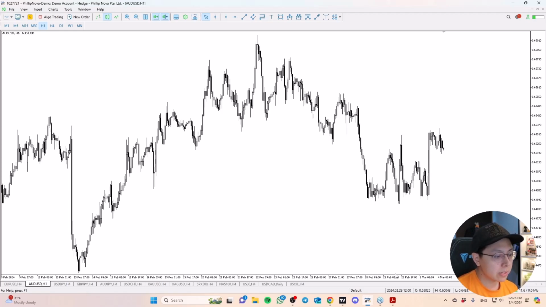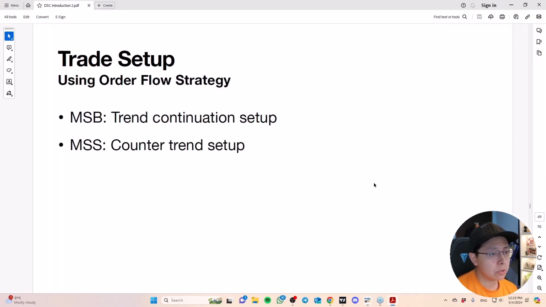But I also need a setup. If I want to buy, do I have a set of conditions fulfilled for me to execute the trade? If there is a directional bias but there is no setup, I don't trade it. I would want to wait for my setup to come to me.